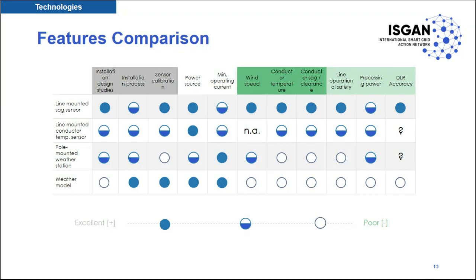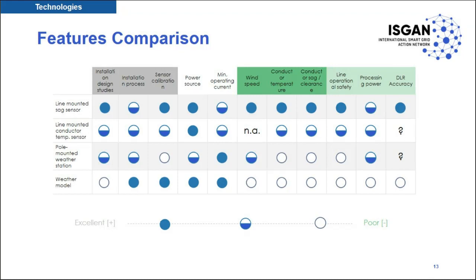Do we need an outage, a shutdown? Is it complex? Do we need to train people to do the installation? Do we need to calibrate the sensors? What about the power supply? All the practical implementation aspects are important features that you have to consider if and when you start a dynamic line rating program.